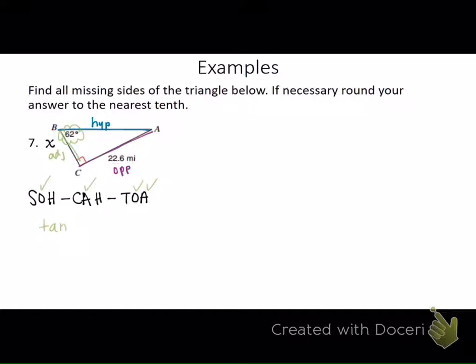So I'm going to start with this. So it's the tangent of 62. Hayden, what does it equal? What does the tangent of 62 equal? Perfect. So Daniel, when I go to solve this, what do I multiply by first?